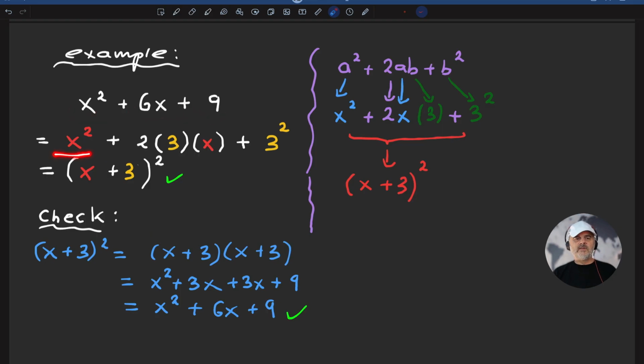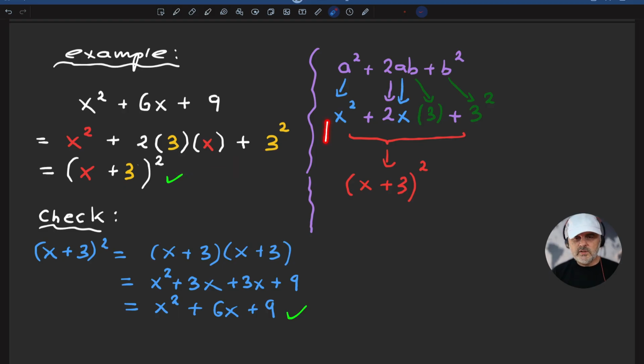So we have this broken apart so that you recognize parts of the formula. The a term is x, the b term is 3. So this can be converted into x plus 3 squared outside.